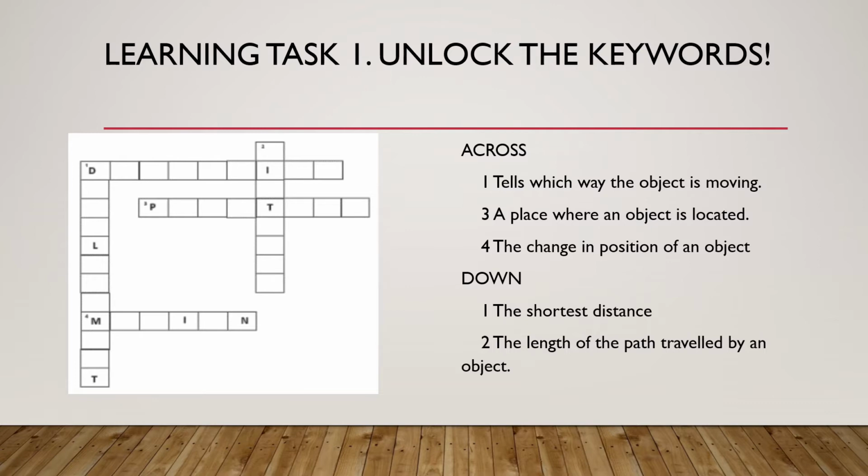It has the letter D and the letter I. I will answer number 1 for you. So this answer will be direction. But you will answer the rest on your own, 3, 4, 1, and 2.